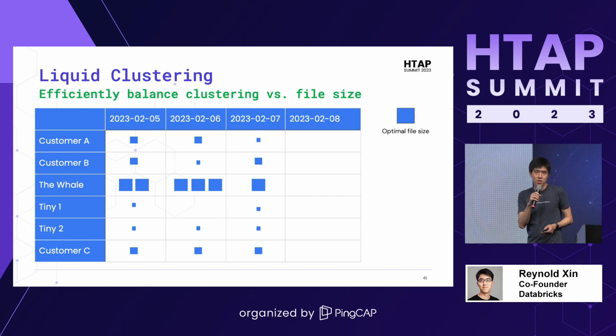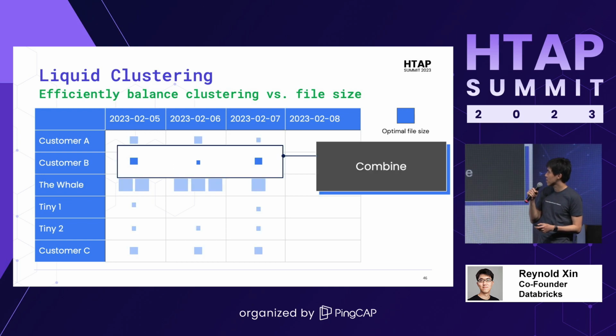So the idea of Liquid is, in cases where customers or users really have the domain knowledge to help speed up their workloads, we want to get that insight. But at the same time, we don't want a rigid partitioning structure that lets the user shoot themselves in the foot.